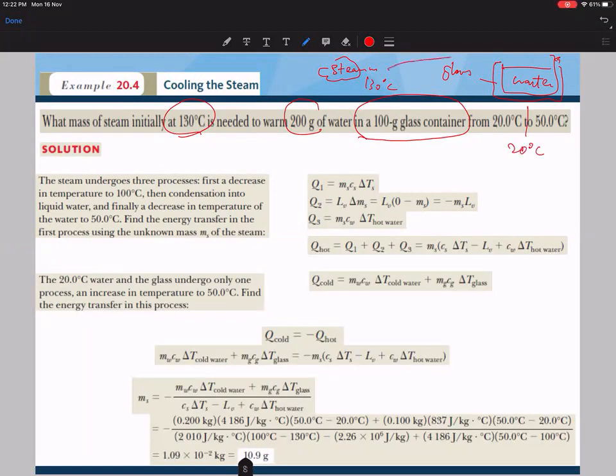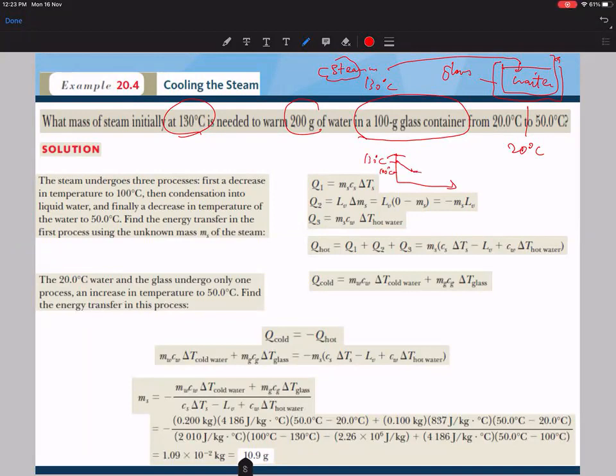When you pump the steam into the water, of course, the water increases in temperature. At the same time, the steam lowers its temperature from 130 degrees Celsius down to 100.